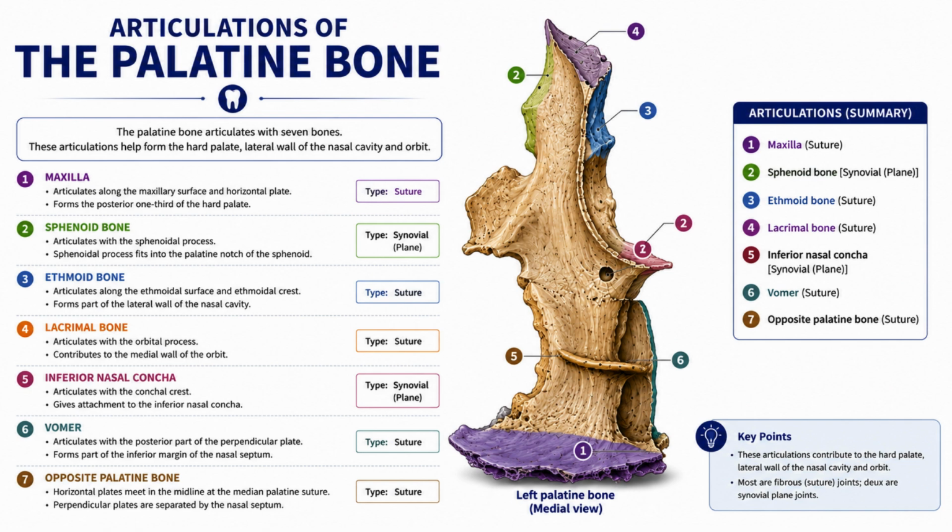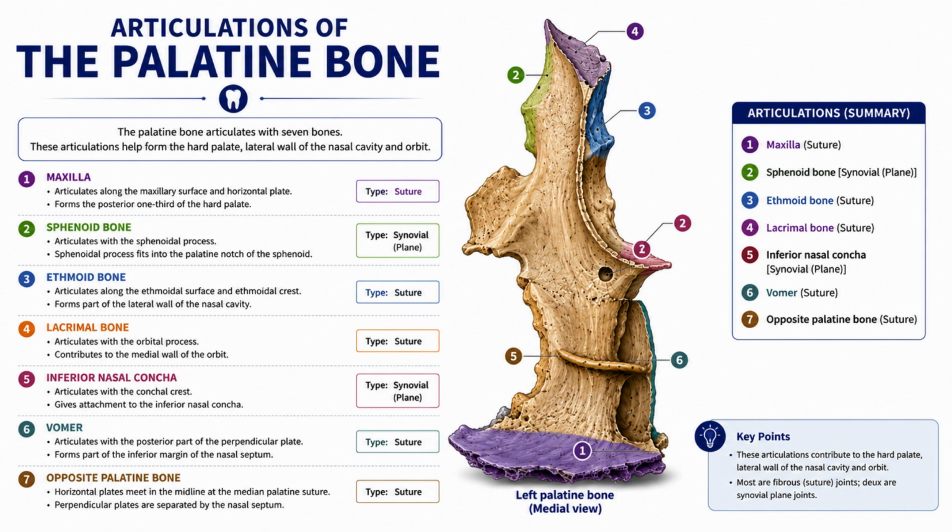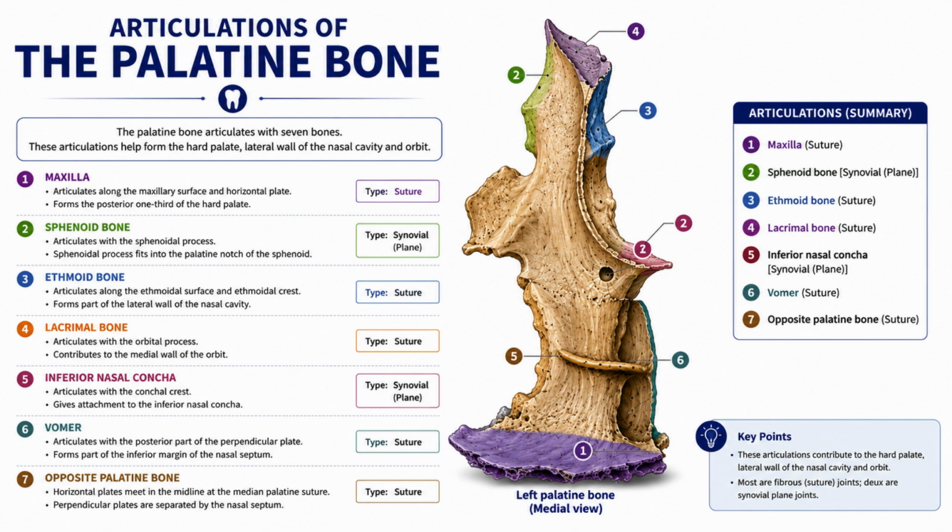Then the ethmoid bone. It articulates along the ethmoidal surface and the ethmoidal crest and it forms the lateral wall of the nasal cavity. Then it articulates with the lacrimal bone. It contributes to the floor and medial wall of the orbit.